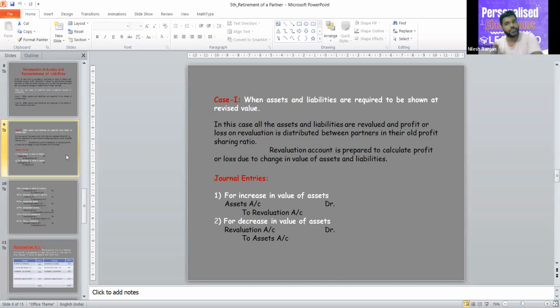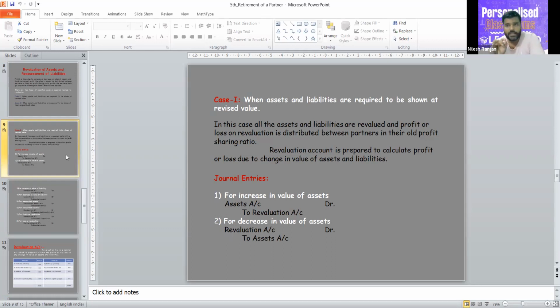So that is 4 entries. Then 2 entries for unrecorded assets and unrecorded liabilities, meaning the assets or liabilities which are not recorded in our books. So now the total becomes 6.